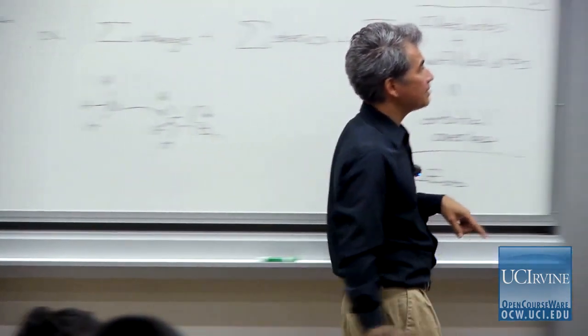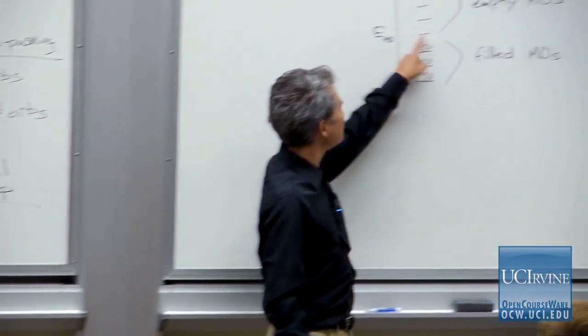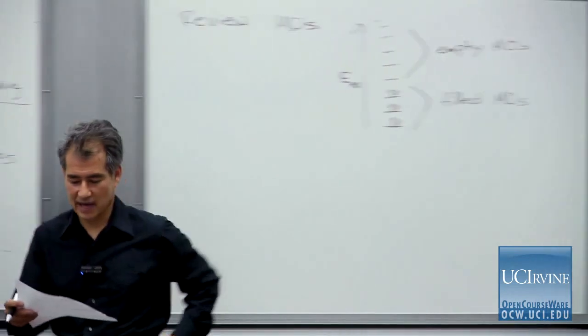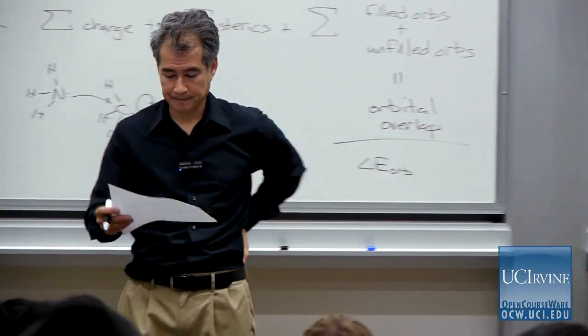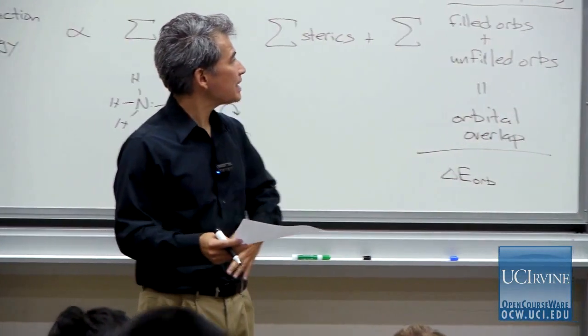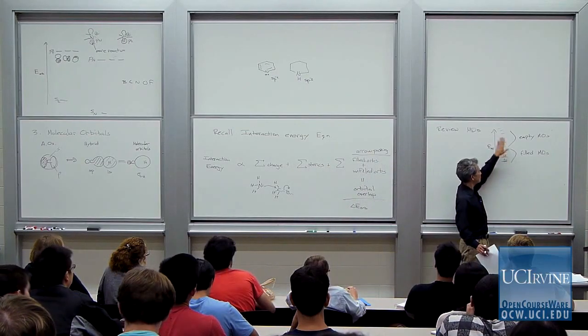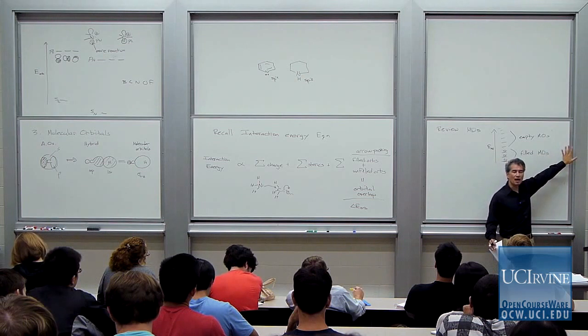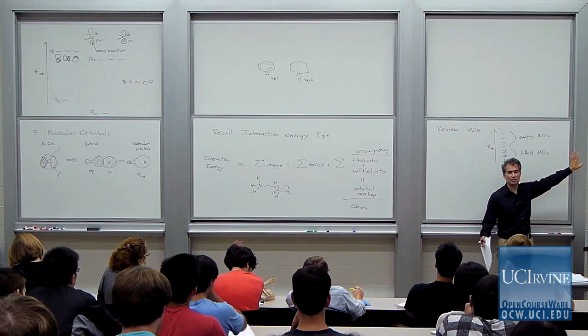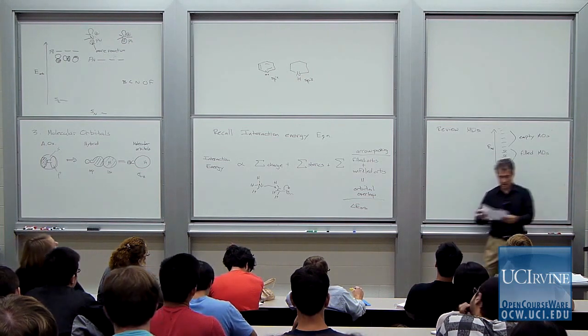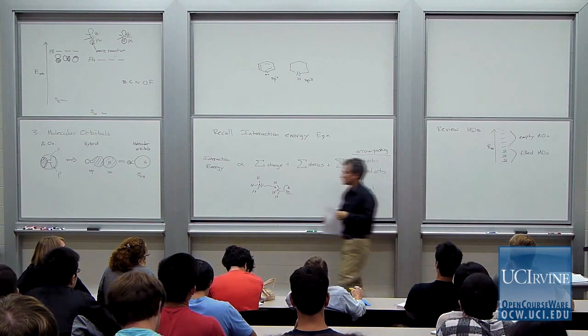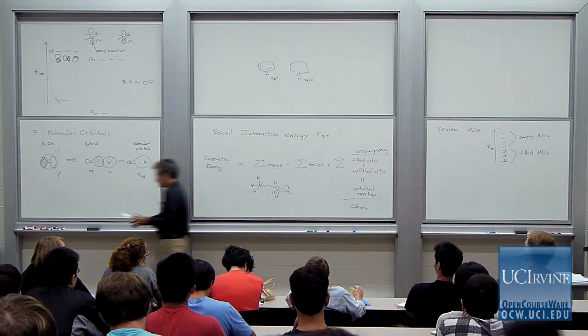If I measure the energy difference between filled and empty, there's always some sort of an energy difference associated with them. Okay, so we're going to learn about how to think about the interaction of one molecule here that has energy levels with another molecule that has its own molecular orbitals that are different, and how to think about the differences in energy in those orbitals.